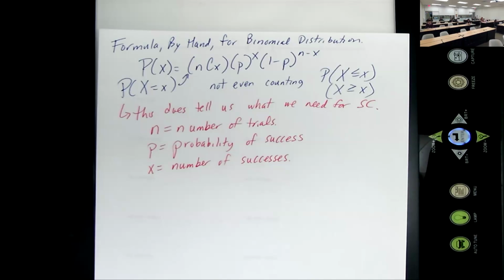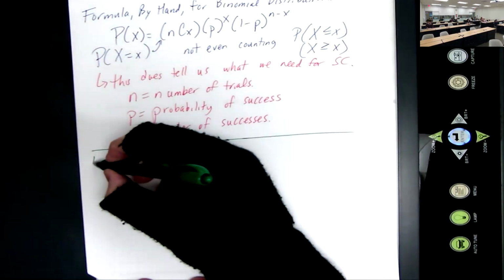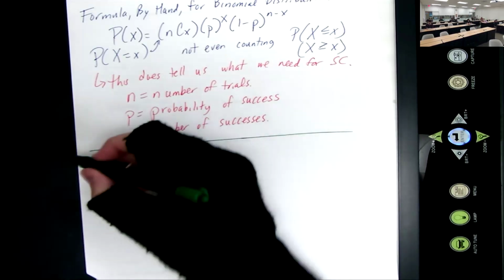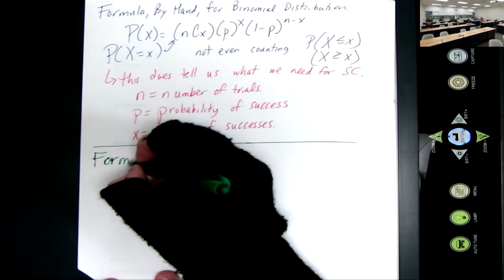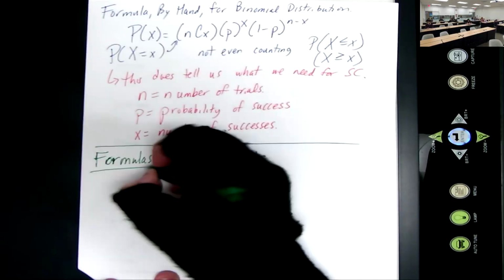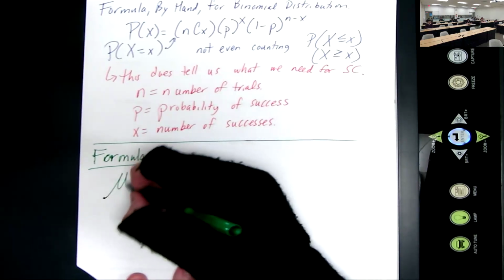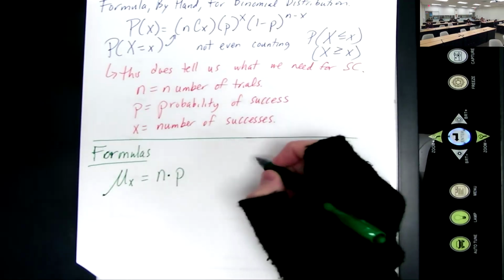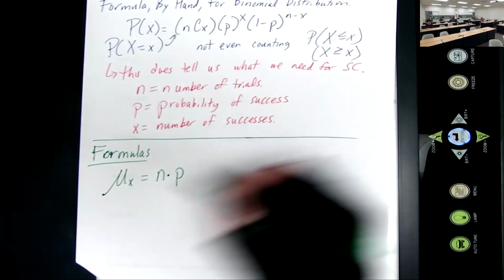Let's do some examples that we'll put in StatCrunch. Actually, let me show you formulas first, in case StatCrunch doesn't compute them. Because later on, we will want to know that the mean is n times p. That's the mean.